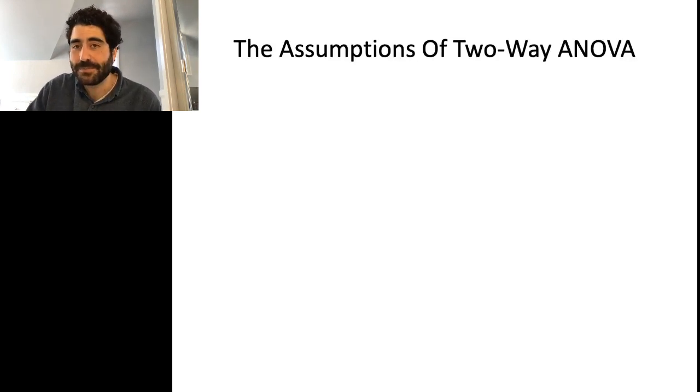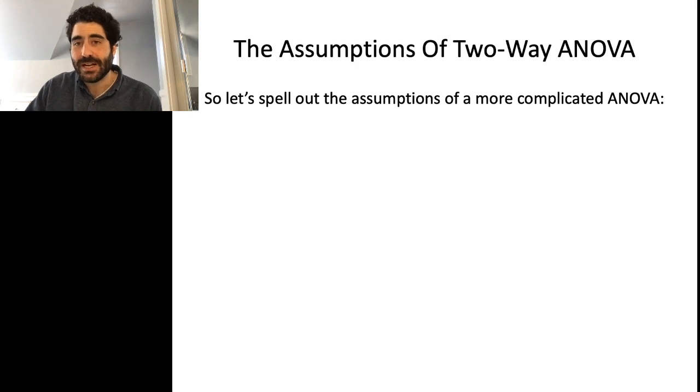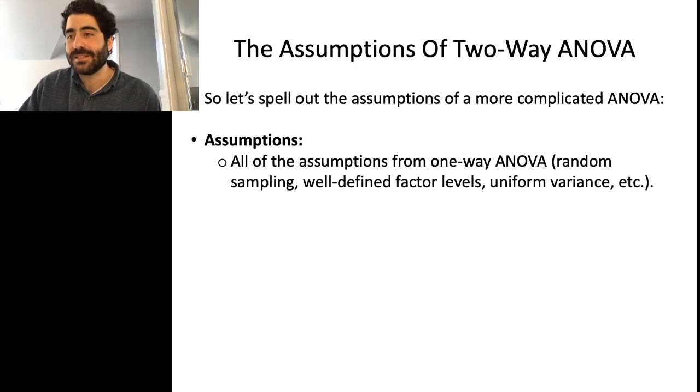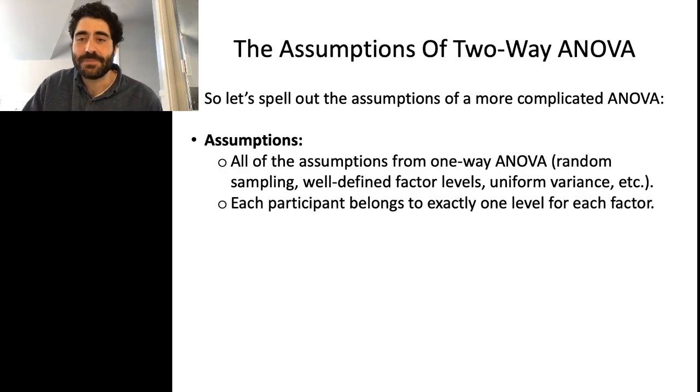Okay, so to sum up this 2-way ANOVA, the assumptions here are all the same stuff as the 1-way ANOVA. So these are random samples. Each group has the same variance and is normally distributed. Every participant belongs to exactly one level for each factor, right? So we know multiple things about each person, but each person is in exactly one group for each of the grouping factors.